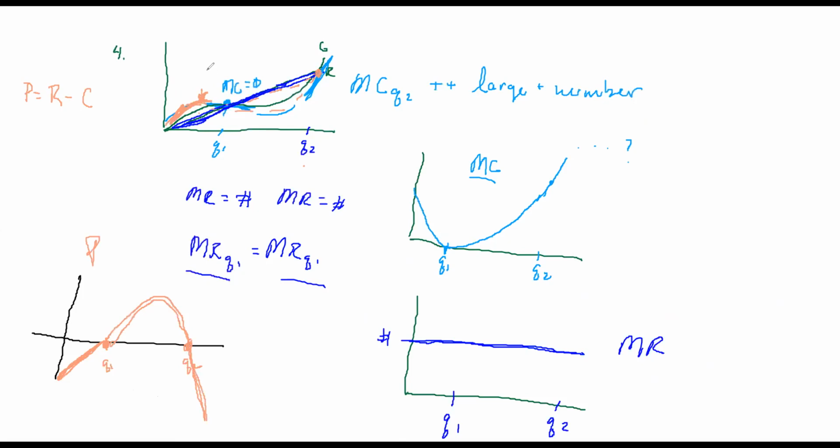We can, in addition, find the marginal profit, or the derivative of the profit. I lied, it's going to be aligned with the negatives, where this is Q1 and this is Q2.